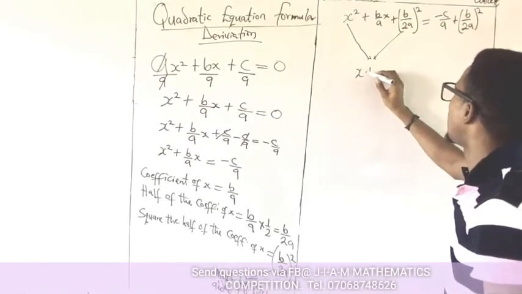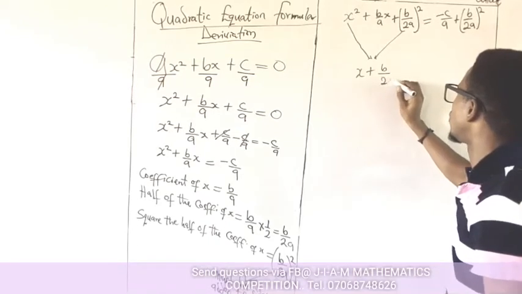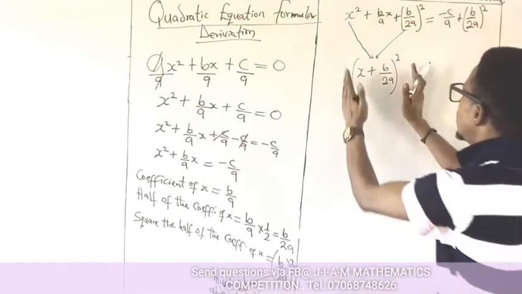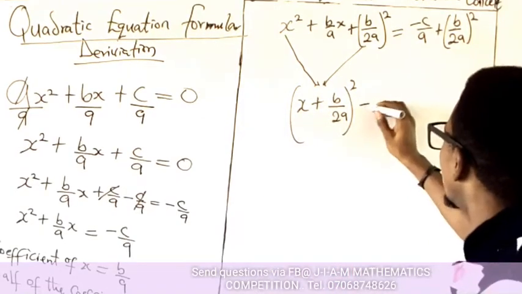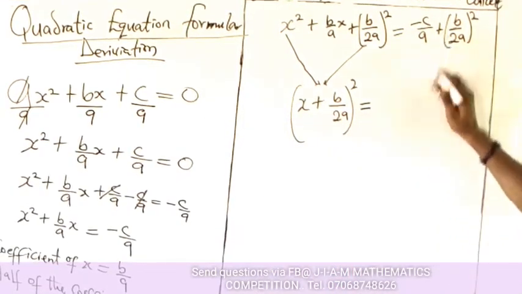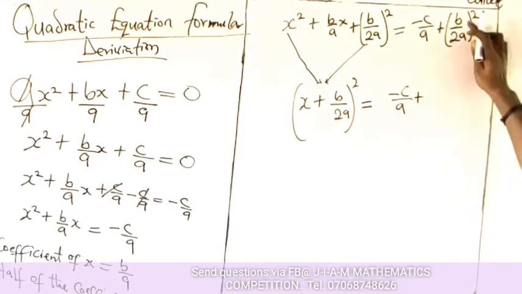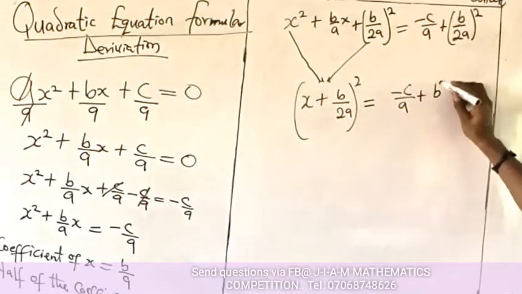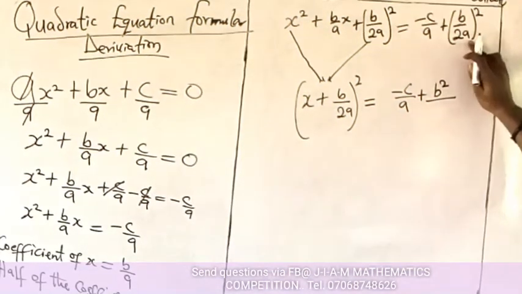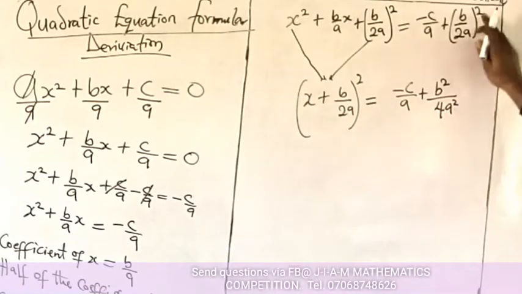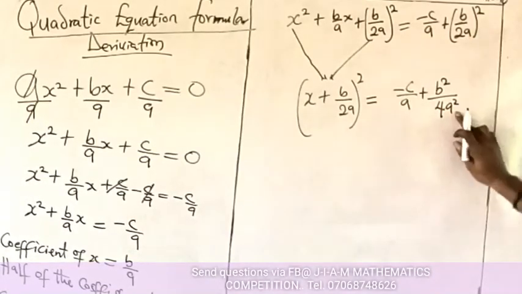So x plus b over 2a, they are both carrying the square, so you open bracket and close. Then come here: minus c over a plus b squared over 2a squared, which will be 4a squared. That's 2 squared, that's 4, and a squared.